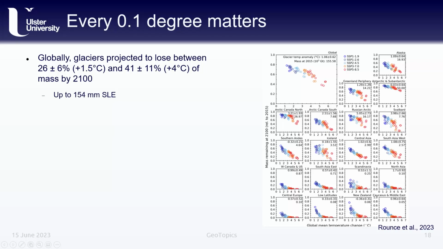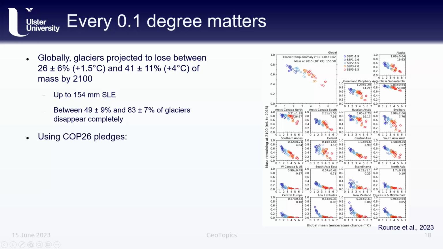So that would contribute up to 154 millimeters sea level equivalent. And it also means that we're looking at between about 50% and 83% of all glaciers completely disappearing as a result of this warming.